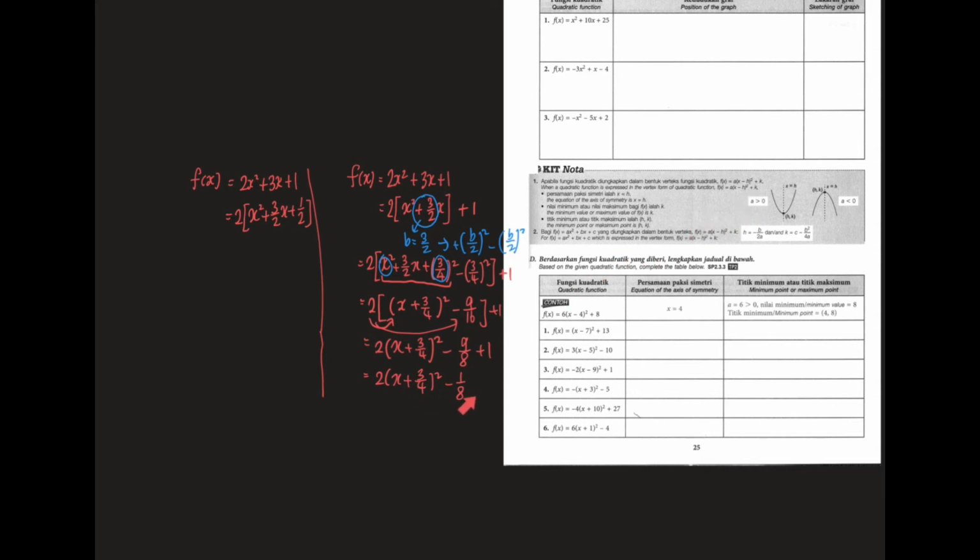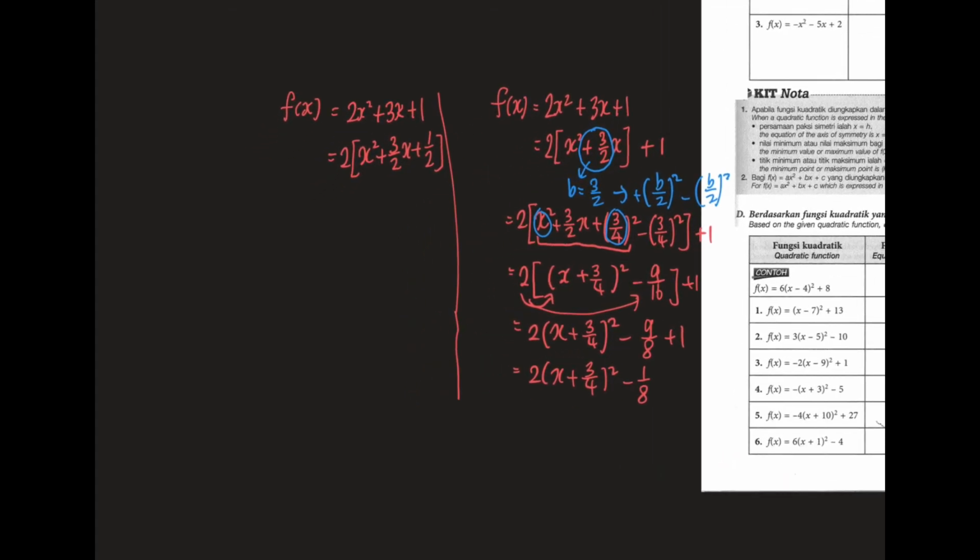So that is the vertex form. Now let's see this other method. I don't know which method you are using, so I just show both. It is kind of similar. Again, our b is 3/2, so you have to add (b/2)² minus (b/2)² after the first two terms.